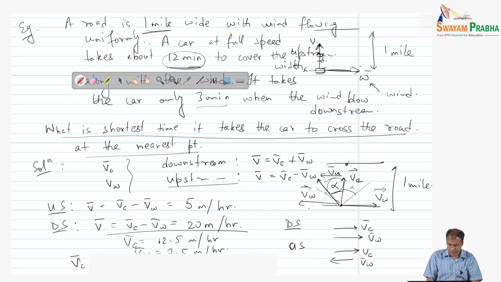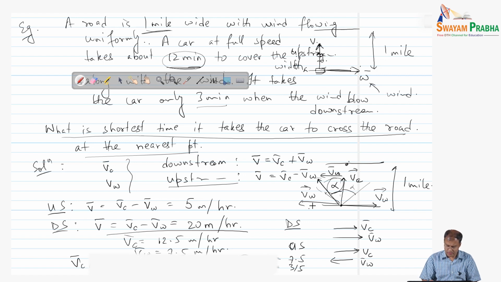From here, Vc is 12.5 and Vw is 7.5, so cos alpha comes out to be 3/5. Is everything fine? Well, this alpha is right.